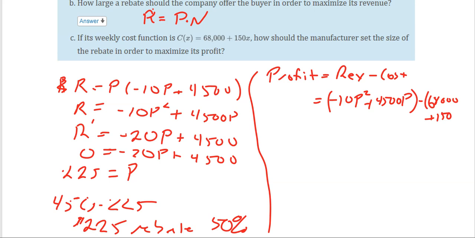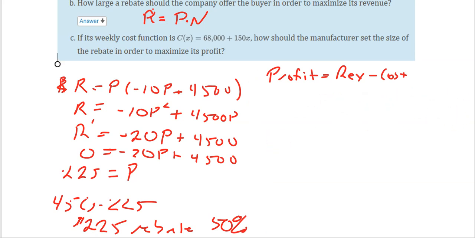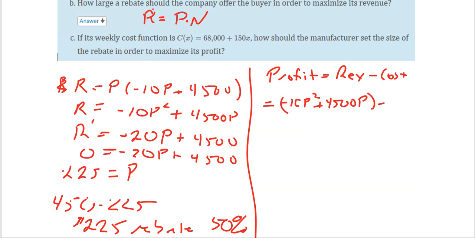It used x, I used n. Okay. Now let me rewrite this where it's got more space. Minus 150n.